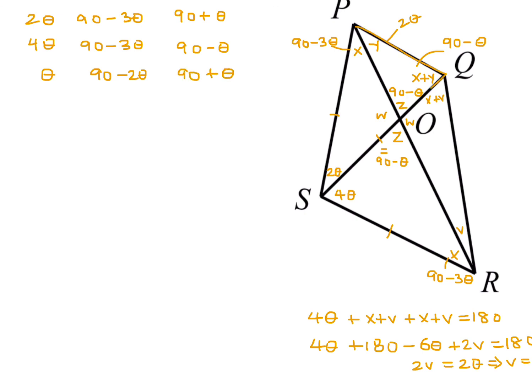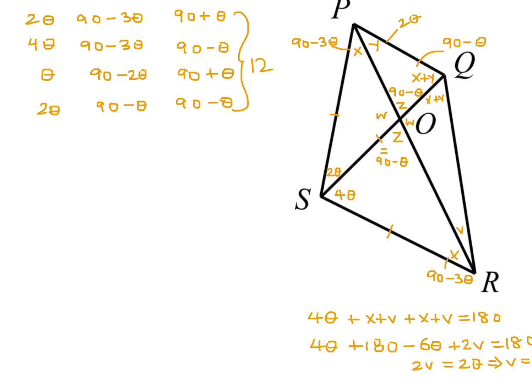And then the last triangle, those angles are Y, which is 2 theta, Z, which is 90 minus theta, and then X plus Y, which is 90 minus theta. All right, great. These are the 12 angles.